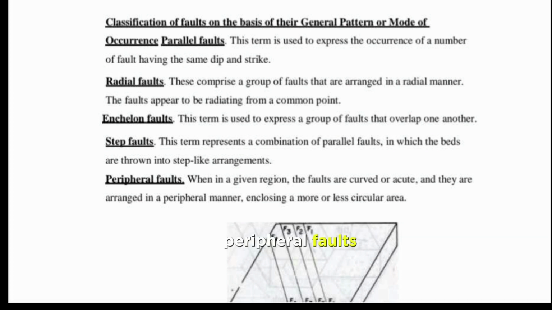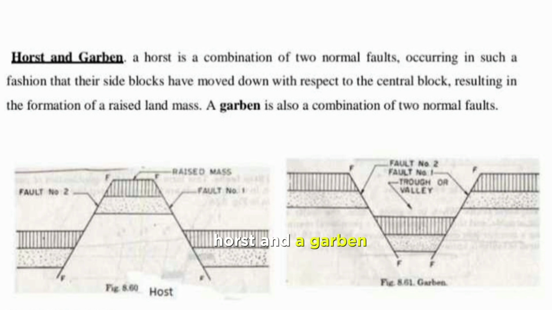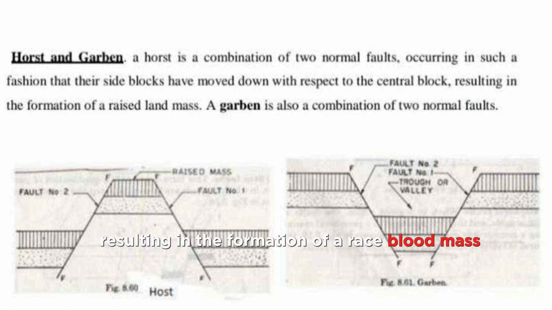Peripheral faults: in a given region, the faults are curved or arcuate, and they are arranged in a peripheral manner, enclosing a more or less circular area. Horst and graben: a horst is a combination of two normal faults, occurring in such a fashion that their side blocks have moved down with respect to the central block, resulting in the formation of a raised landmass.